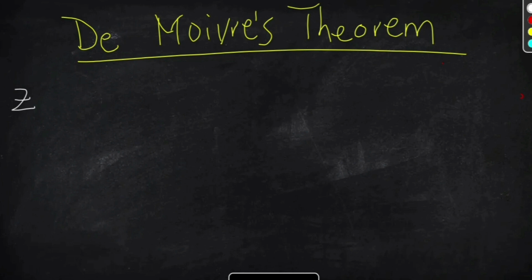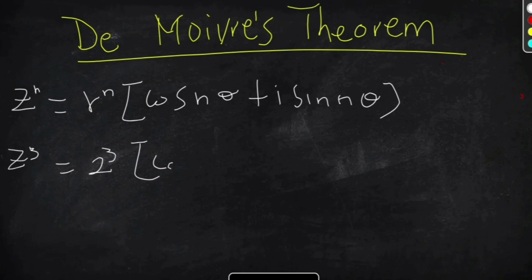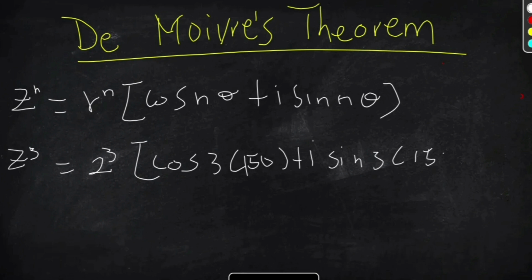Z exponent n equals r exponent n cos of n theta plus i sine of n theta. We have our radius to be 2, so 2 exponent 3 cos of 3 into bracket 150 plus i sine of 3 into bracket 150.